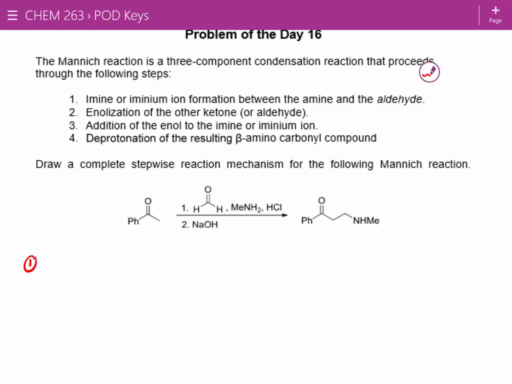First step, we've got formaldehyde, which is a great electrophile because it's an aldehyde with very little stabilization. And if we take this and we add catalytic acid and we add our amine and we drive off water from this reaction, we can form our iminium ion.